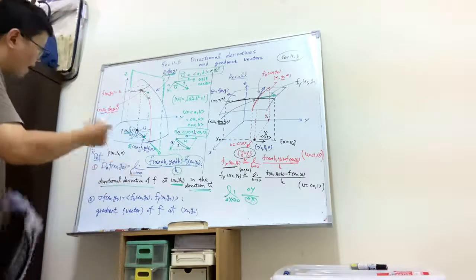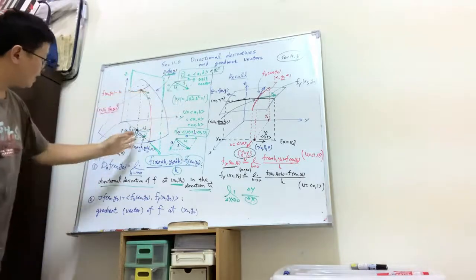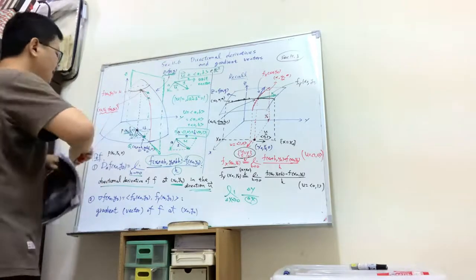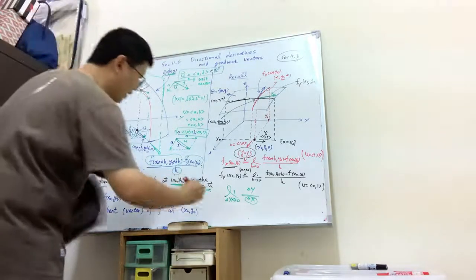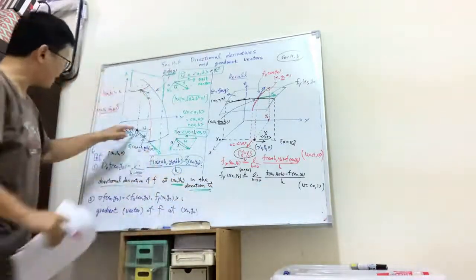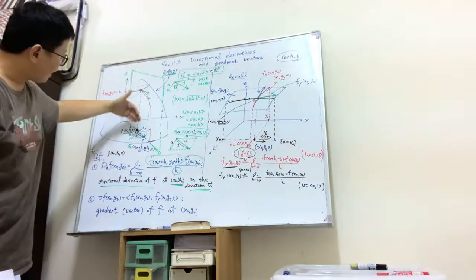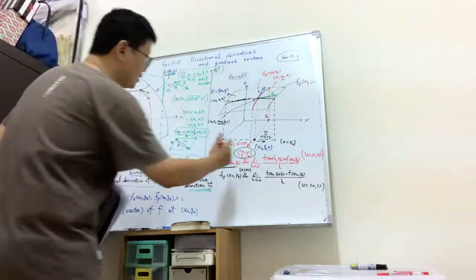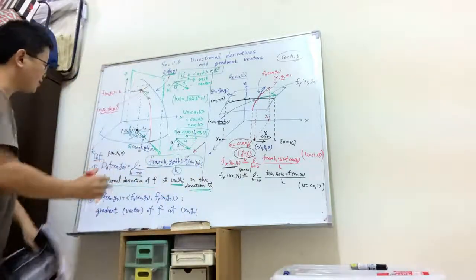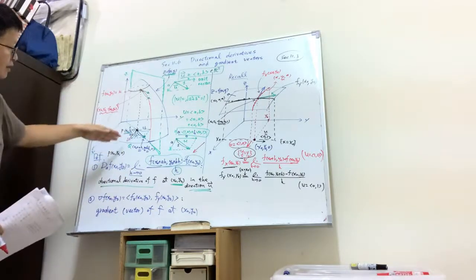Actually, in this case, you could see that if I choose the unit vector u to be 1, 0, it means that we just consider this direction.